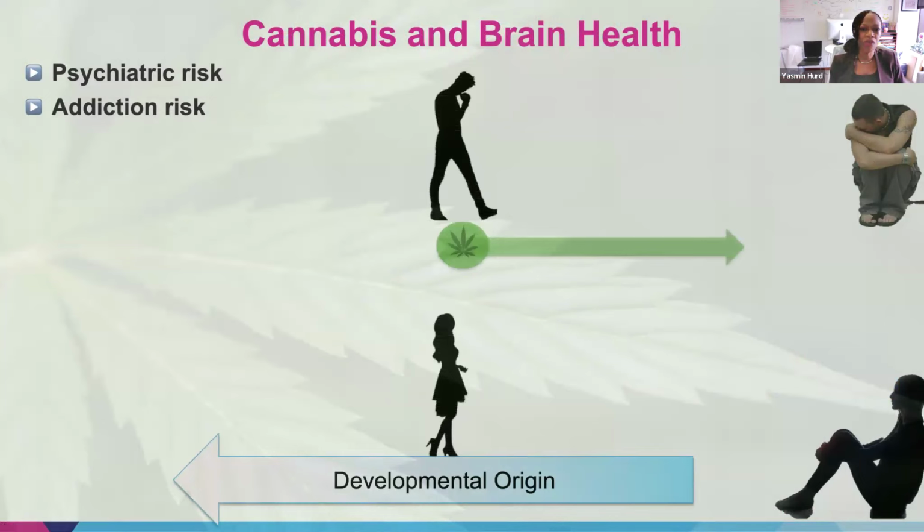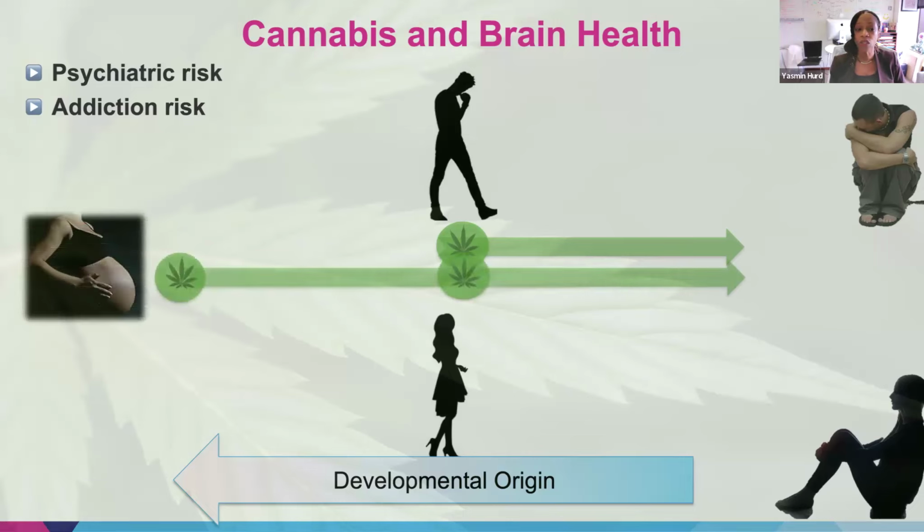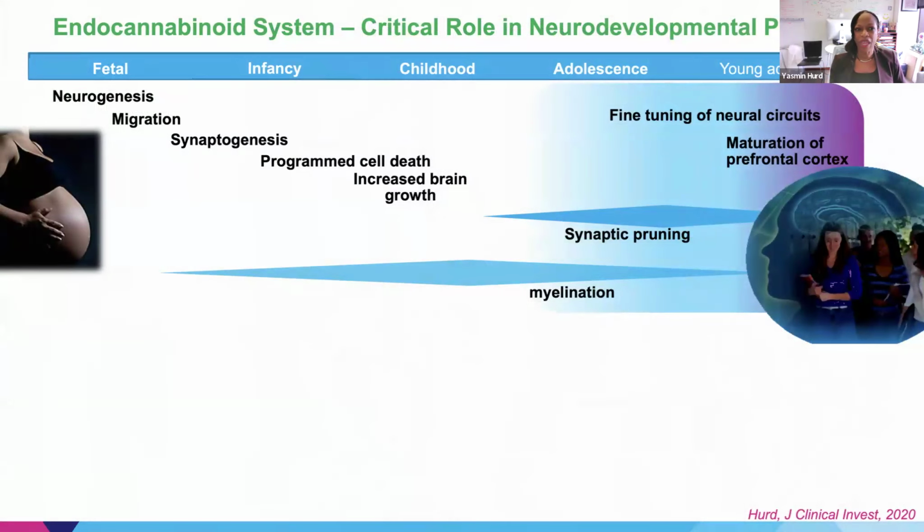And yes, many teens will start consuming cannabis, the age where they start experimenting, but the developmental origin for brain health, and actually not just brain health, all health, starts in utero. So when we look at the endocannabinoid system, as I said earlier, it's present from very early. It is essential for the birth of cells, how they migrate through the brain, and the synapses they form.